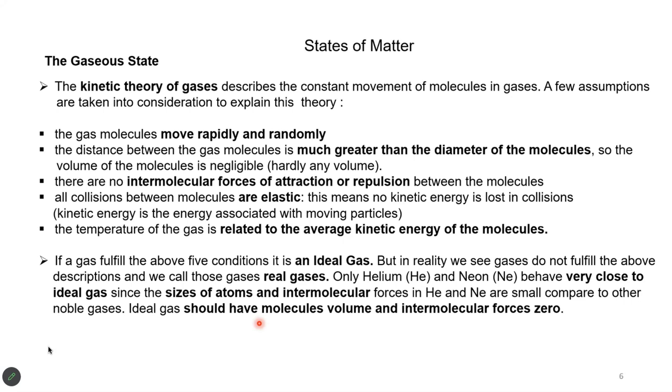But in reality, we do not have ideal gases. Only helium and neon behave very closely to ideal gases. The rest are real gases. In this topic, we will discuss only ideal gas; real gas discussion is in the A-level syllabus, not the AS level syllabus. We will come to it later in some other lecture.